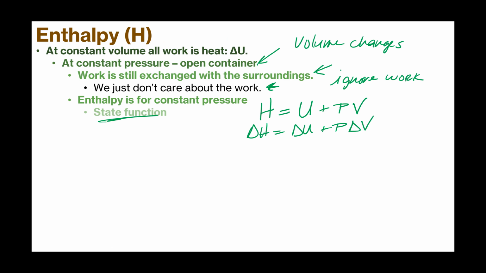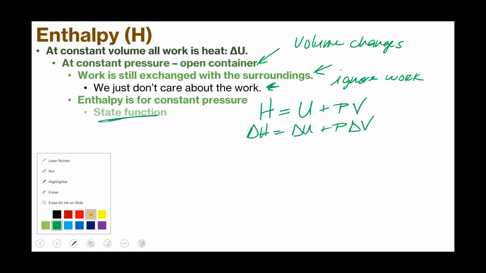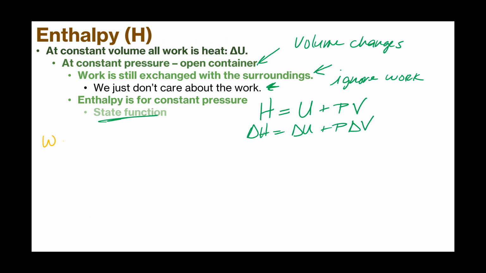We can also say that our delta U is the heat plus the work. At constant pressure, this is Q at constant pressure. Then we can also say our work is minus P delta V. What do we notice here?